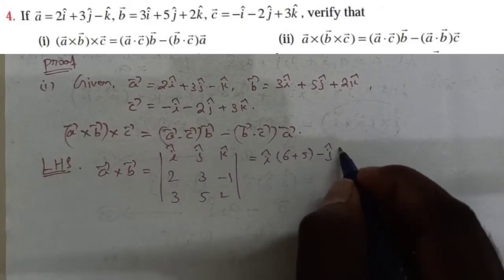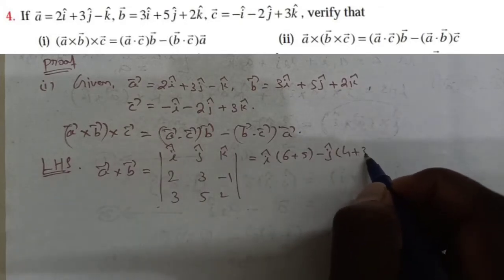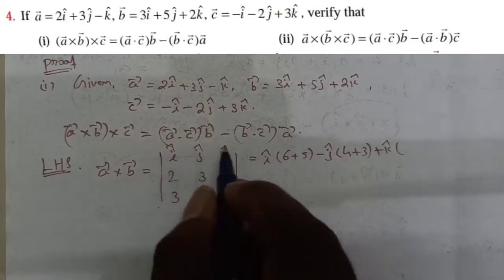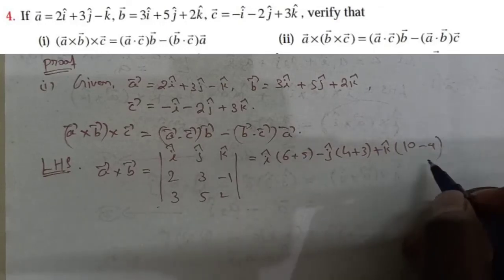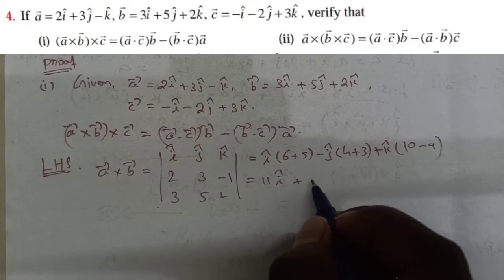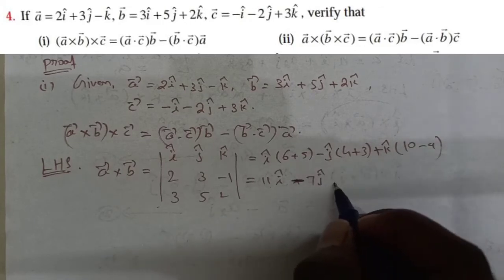Next minus j cap into: 2 2s are 4, minus into minus plus 1 3s are 3. Next plus k cap into: 2 5s are 10, minus 5 3s are 9. Okay, here 11 i cap and sorry, minus 7 j cap, here 1 into k cap, so 1 k cap.